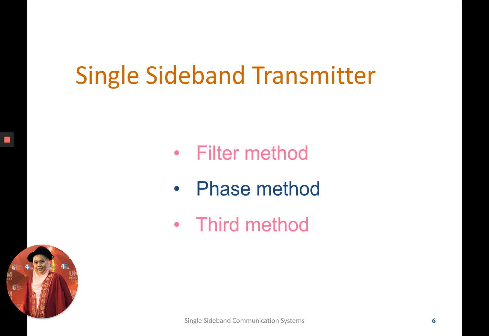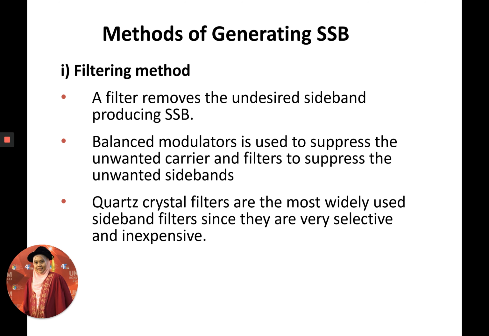So in the next slide, I will explain what is meant by the filter method and phase method. Okay, the filtering method basically uses a filter to remove the undesired sideband. We don't want that sideband on our AM signal, so we use the filter method to get rid of the sideband that we don't want on our signal.